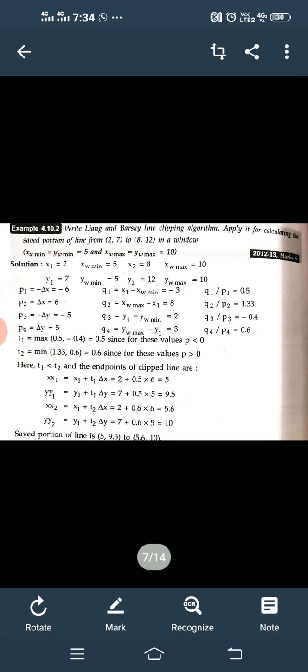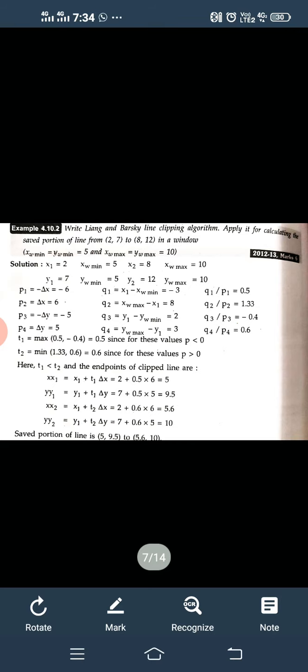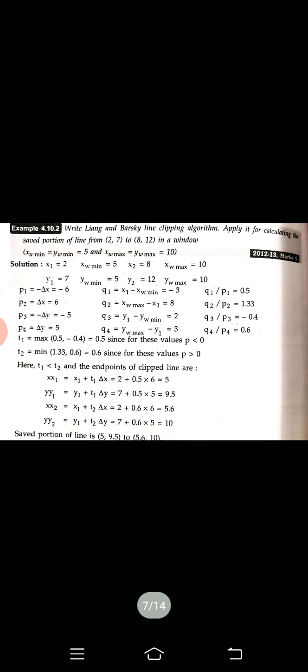The next step is to check where p is negative. So p is negative in two cases: first is p1 and second is p3. For p1 the value of q1 upon p1 is 0.5, so write down 0.5 here. The second negative value is p3, so take the value of q3 upon p3, which is 0.4, and take the maximum of these two values.